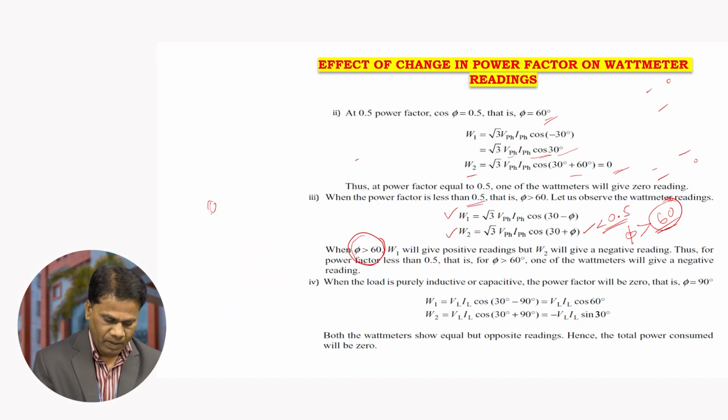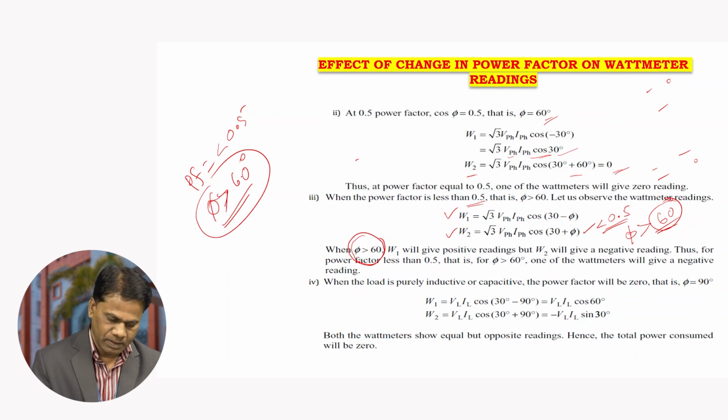So here phi greater than 60, that is power factor less than 0.5, phi is greater than 60 degrees.